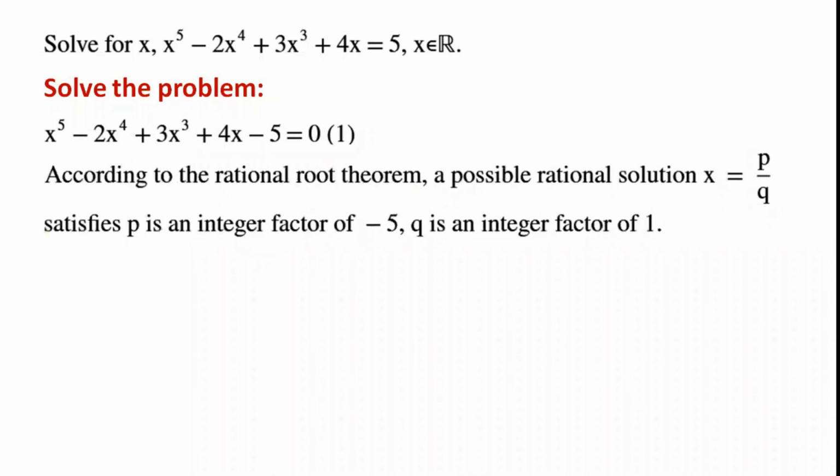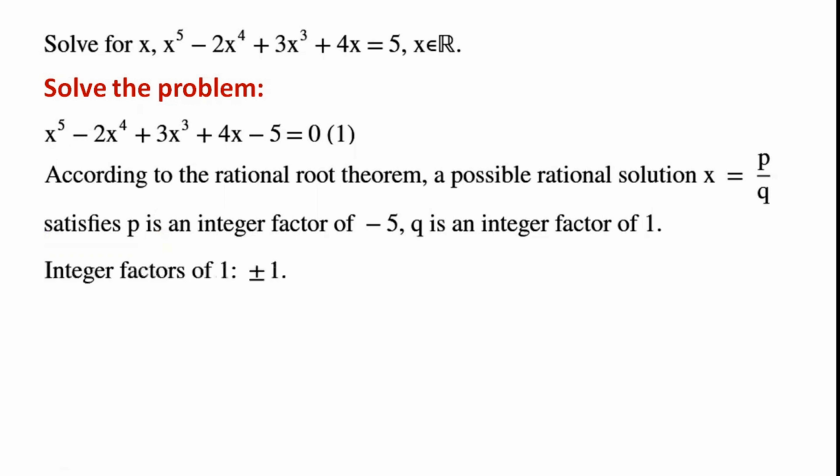According to the rational root theorem, a possible rational solution x equals p over q satisfies: p is an integer factor of the constant term of the equation, minus 5; q is an integer factor of the leading coefficient of the equation.